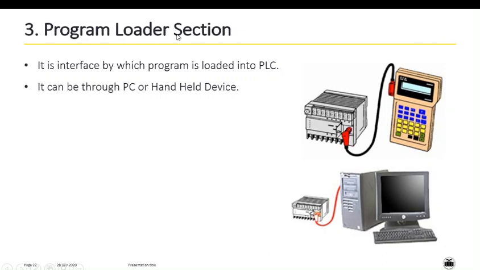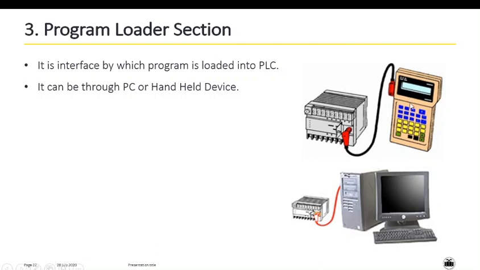Okay, so we can load the program into the PLC. So this is one fixed PLC. The program can be loaded into the PLC by using two devices. First one is a HHT. It is also called a handheld device, which you can see looks like a multimeter or calculator.